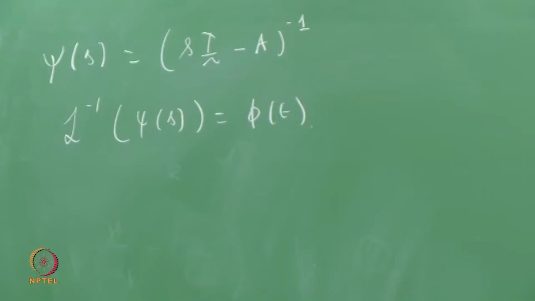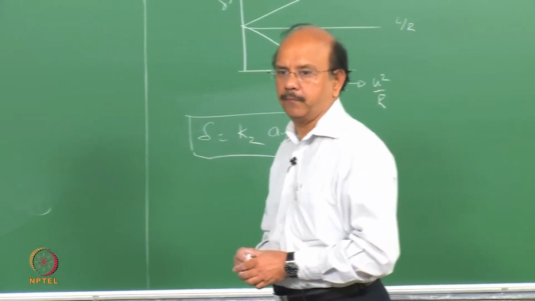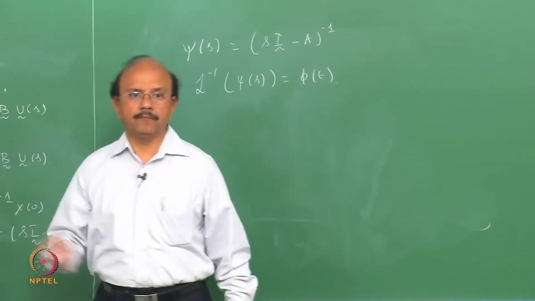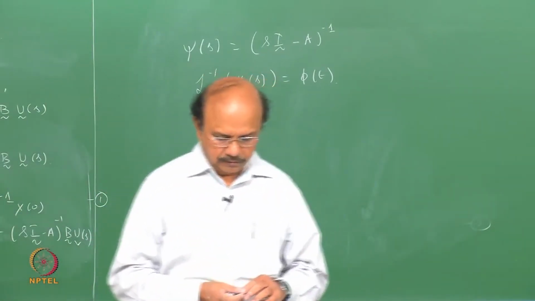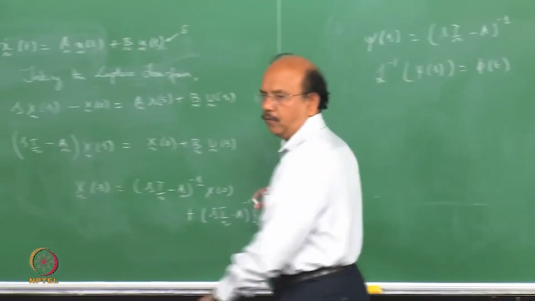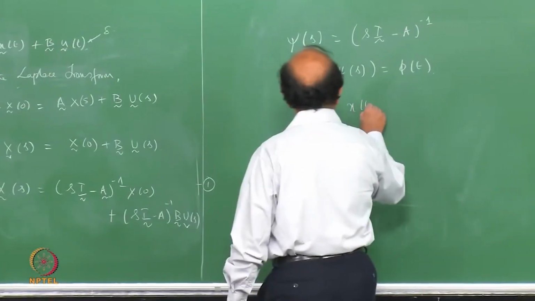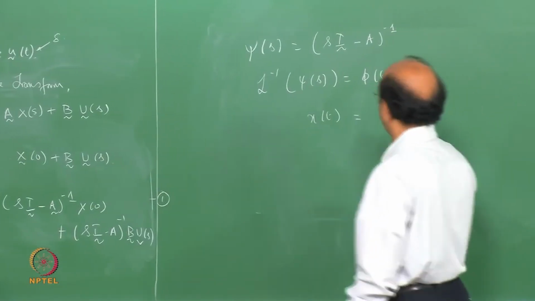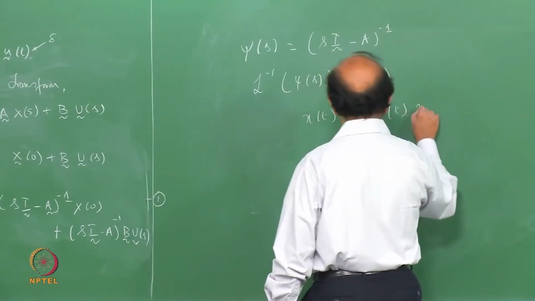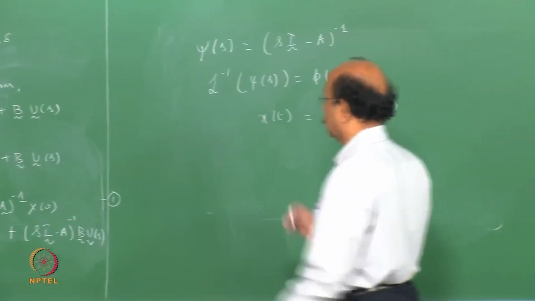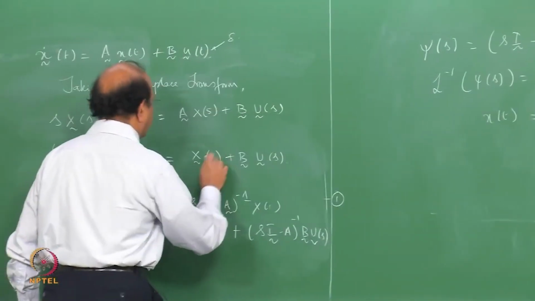I'm just writing down a general framework from which we will get into specifics. From which I can write down the expression for x(t). Just taking the inverse Laplace transform, we can write down x(t) is equal to phi of t times x of 0.